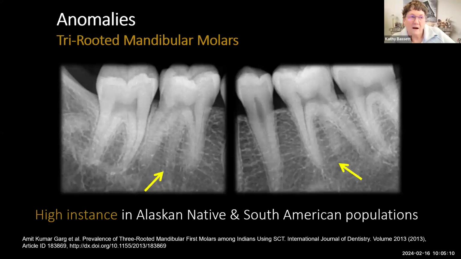This is a common anomaly within the indigenous community and South American populations. I was introduced to this phenomenon when I was teaching dental therapy students in Alaska, and some kind of a myelohyoid injection was critical in their techniques and armamentarium.